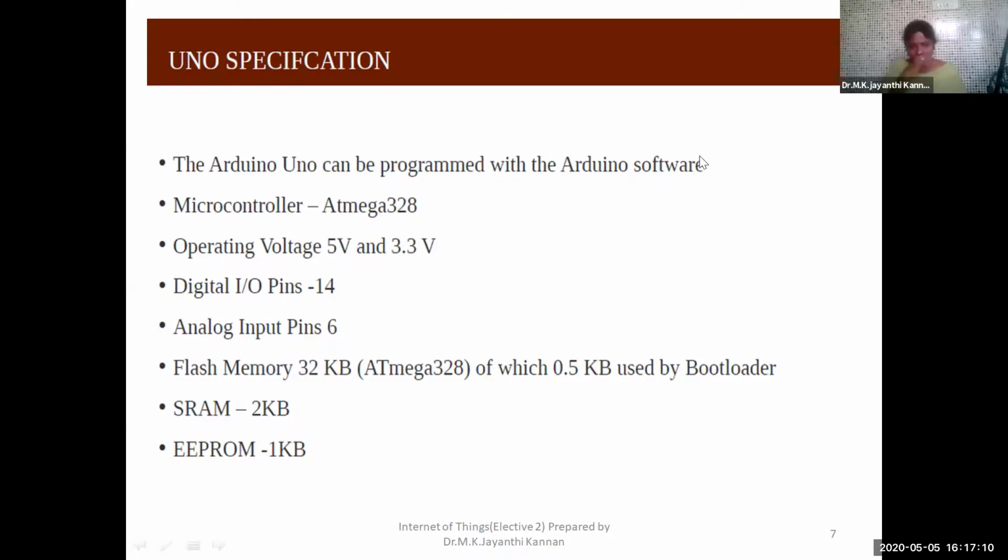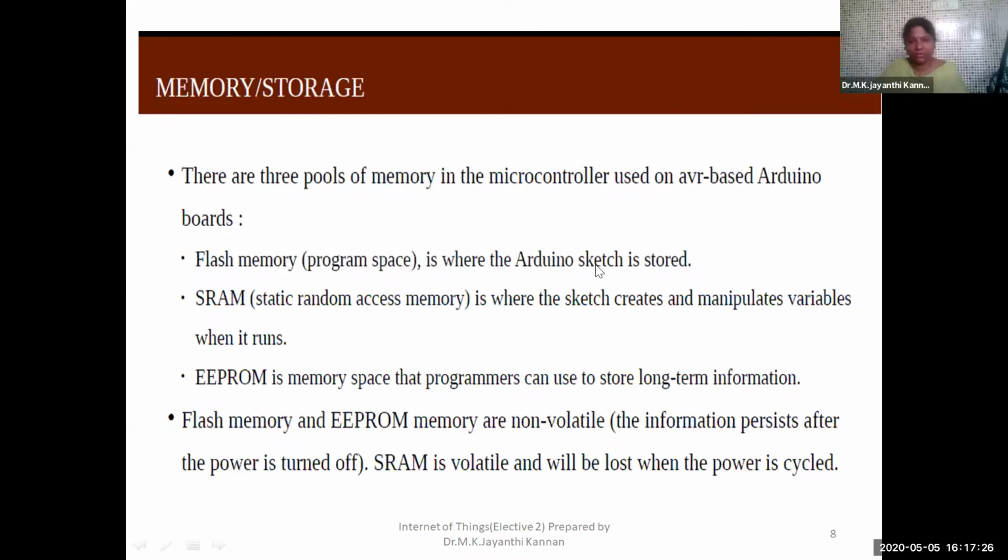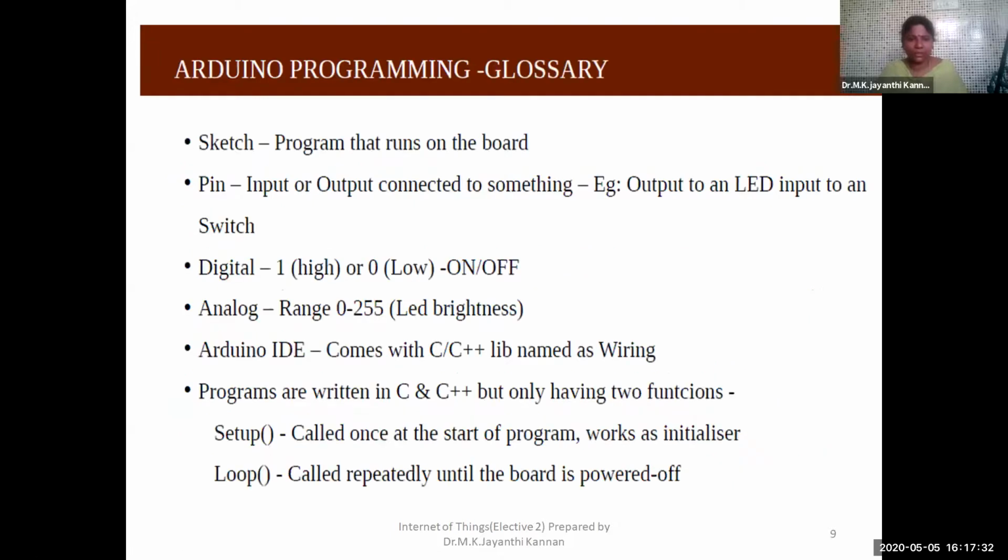And the various pins, how to configure the pins, the serial configuration, parallel configuration, how to assign the pin numbers and port numbers, and how to establish the serial connection between the computer and the board, that also we discussed.